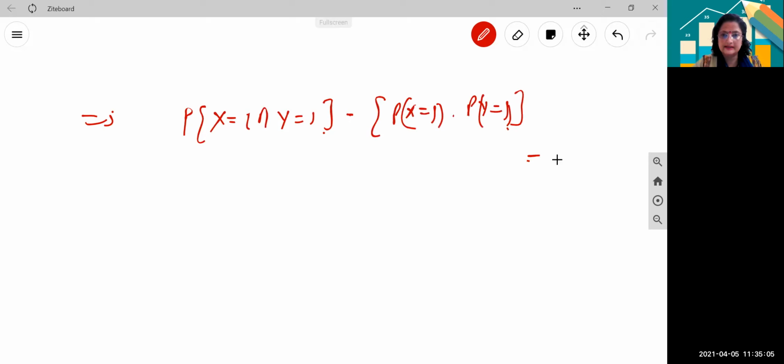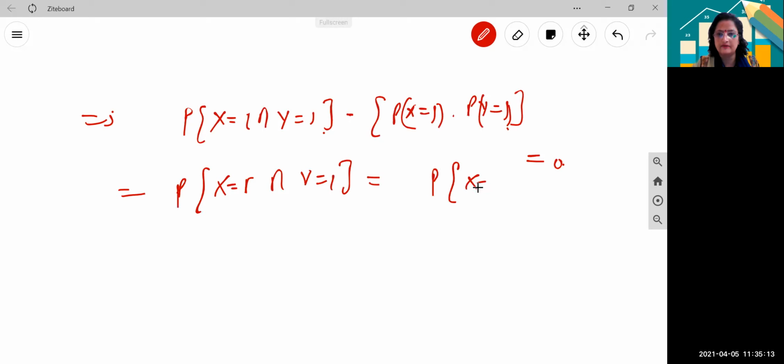So this is equal to 0. So it implies probability of x is equal to 1 intersection y is equal to 1 is equal to probability of x is equal to 1 into probability of y is equal to 1.